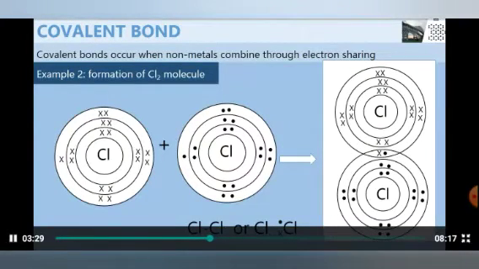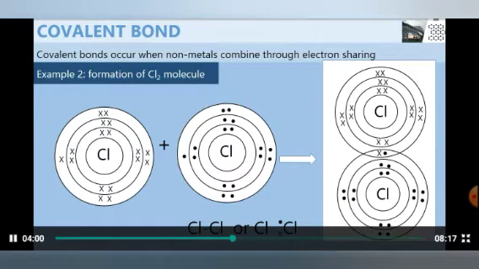So the shared electrons that are located in this position can move around any of the atoms. But generally, each atom now has a stable configuration because they have shared their electrons. So we could count these as 1, 2, 3, 4, 5, 6, 7, 8. So it has an octet configuration.